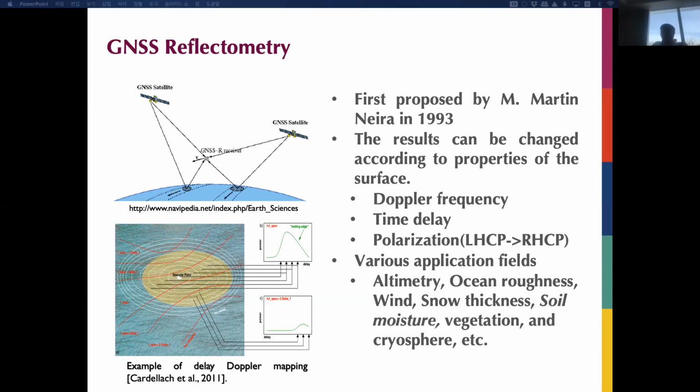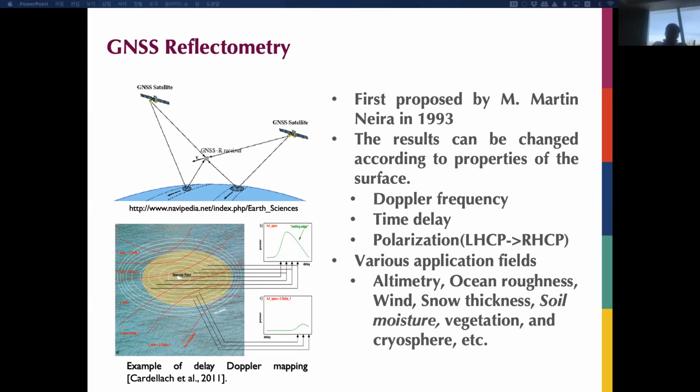So in GNSS reflectometry, we measure the direct signal and the reflected signal and compare both to see the difference in the frequency and time characteristics. Then we can figure out the properties of the reflection boundary.